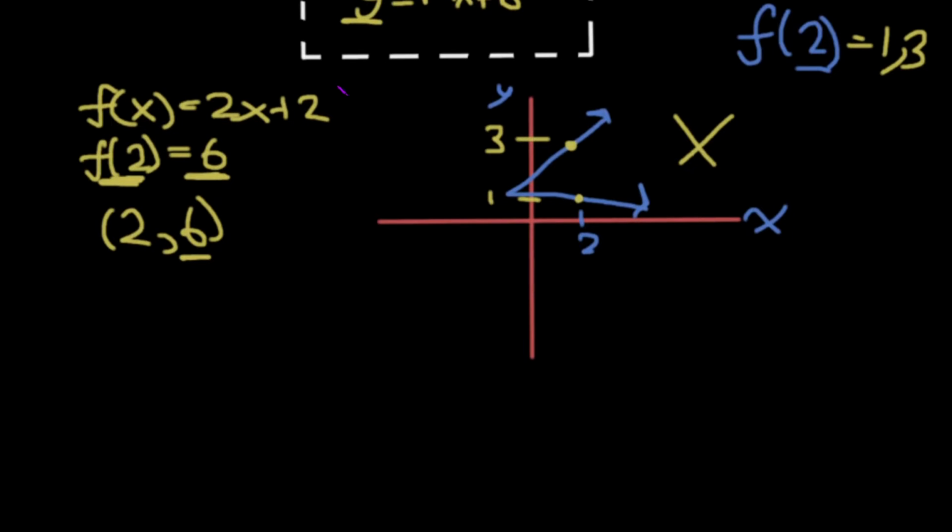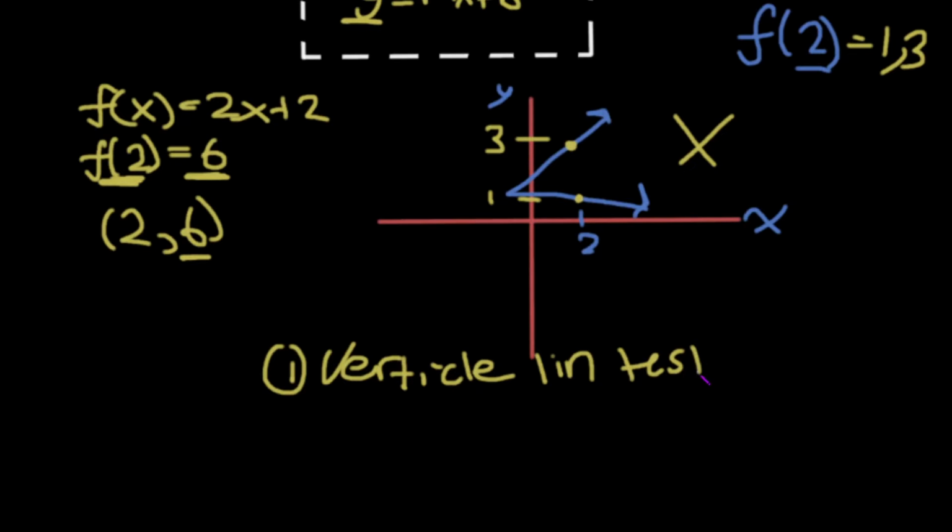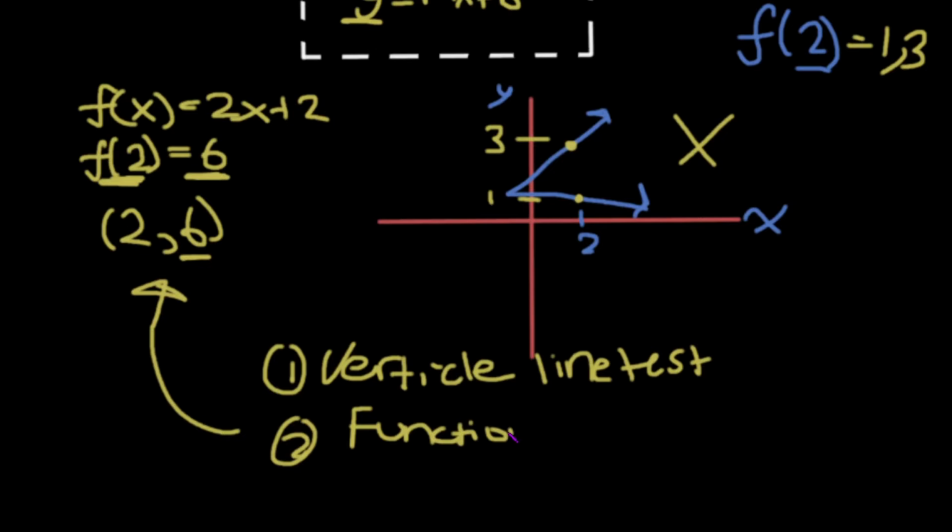Alright, so what I will be doing in this video is, first, going through the vertical line test. And then second, I will be showing you some functional notation, which is simply this, mostly.